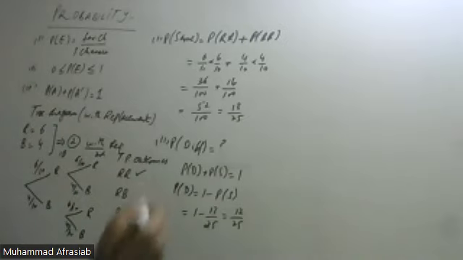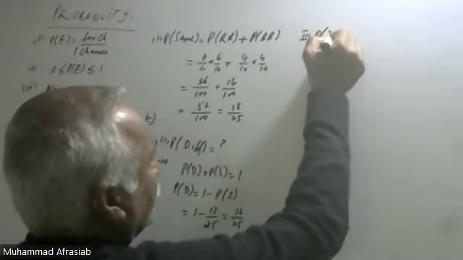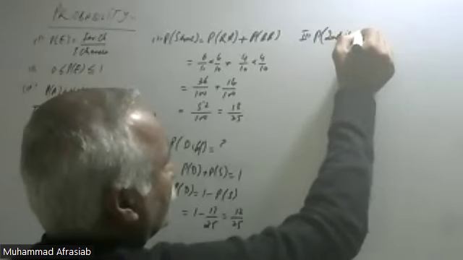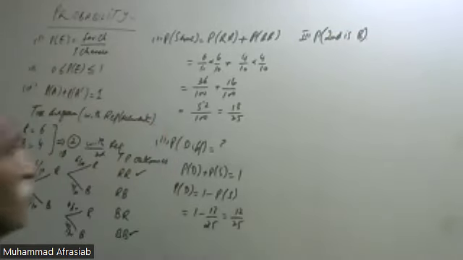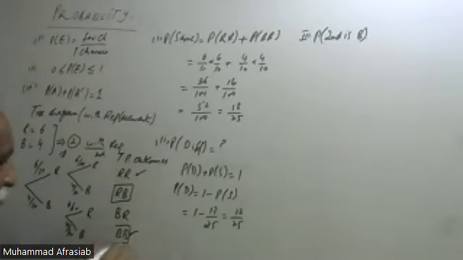Then in the same question, they can ask, find the probability that the second is blue. Now, 2 balls are drawn, but we are concerned with only the second ball, and that is blue. So here the second ball is blue, and here the second ball is blue. We are not concerned with the first ball.